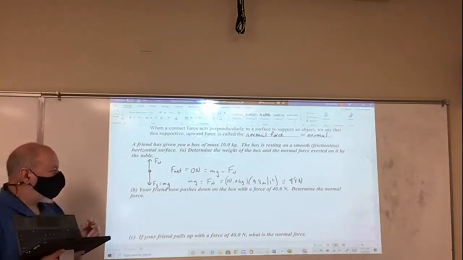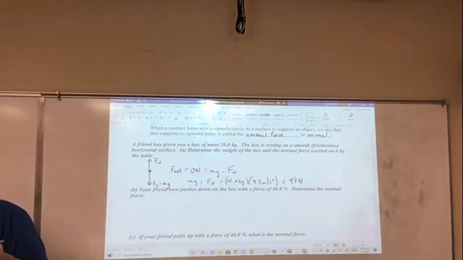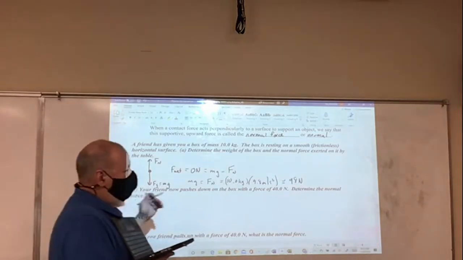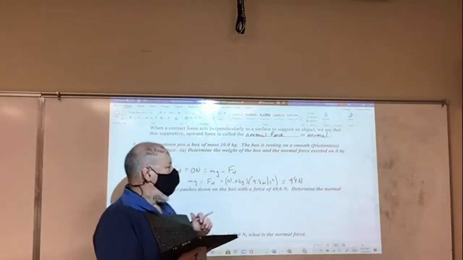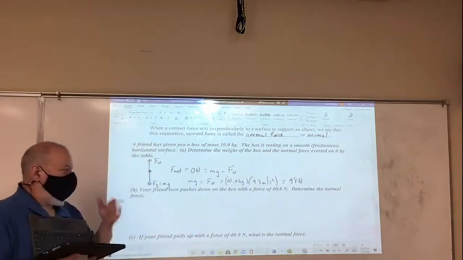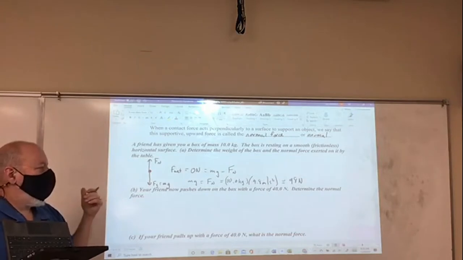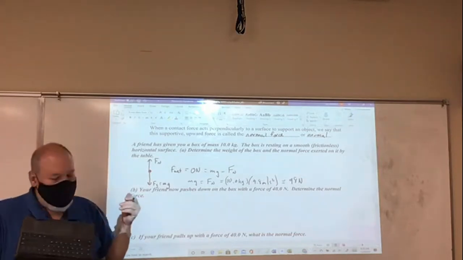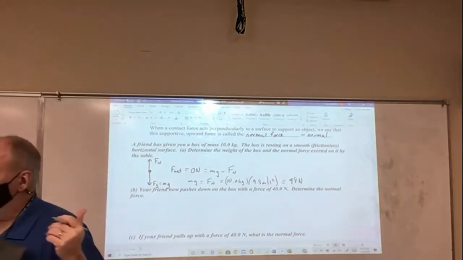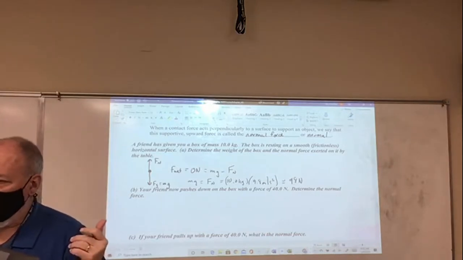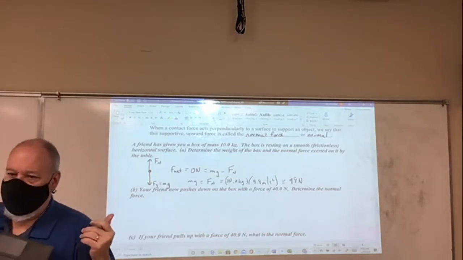Okay? So just to give you an idea of how many pounds this is, since I've said that pounds and weight or force are the same thing, or they're both weight. Somebody look up newtons to pounds on your phone and see what the conversion factor is.